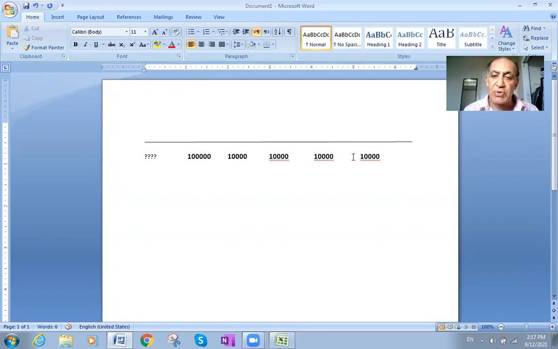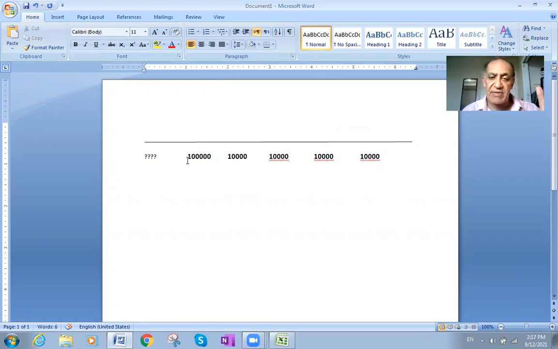So what we really want to do now is to calculate the value of these 10,000 amounts at this moment. 10,000 plus 10,000 plus 10,000 plus 10,000 plus 10,000, they are 50,000. But this is not 50,000 now. They are 50,000 after a period of time.